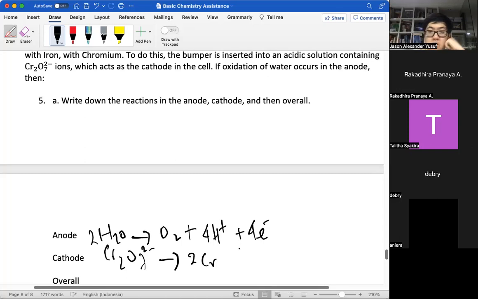Next, we balance the amount of oxygen with water. So we have 7H2O, right? And what we need to do next is to balance the hydrogen by adding H plus ions. So we add here 14H plus. Next, we balance the charge by adding 12 electrons.